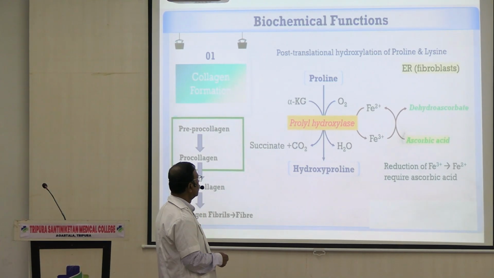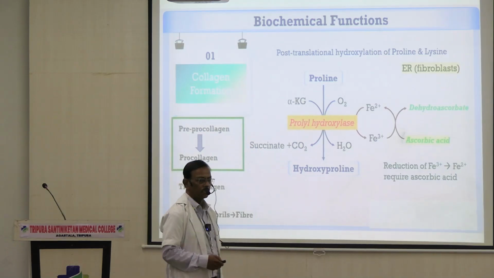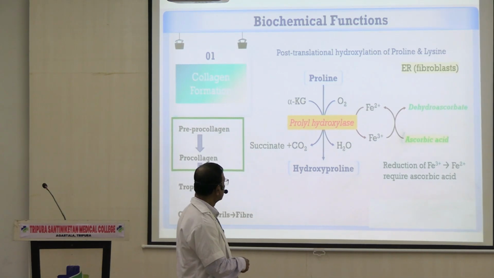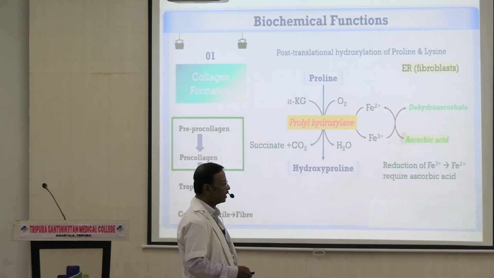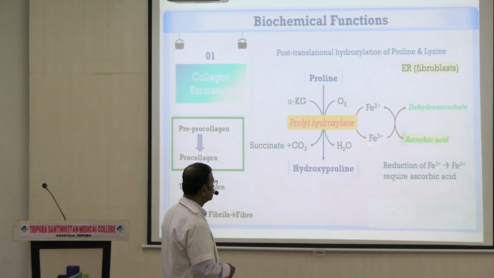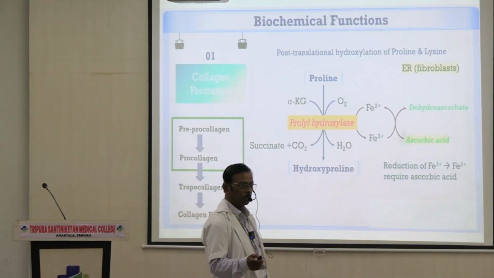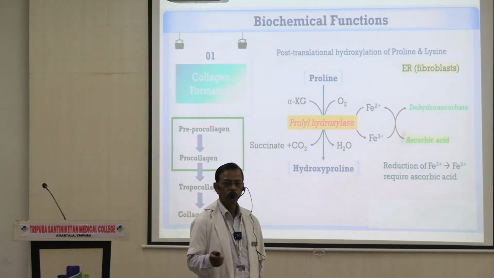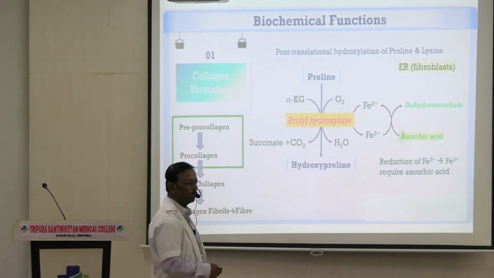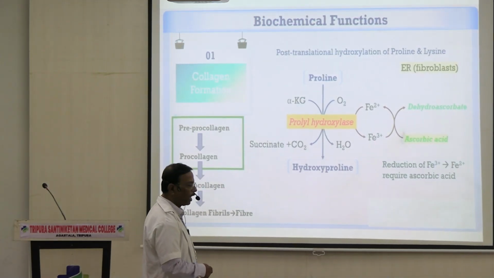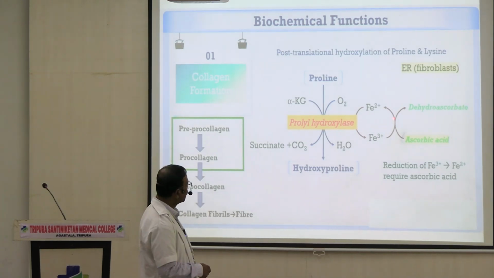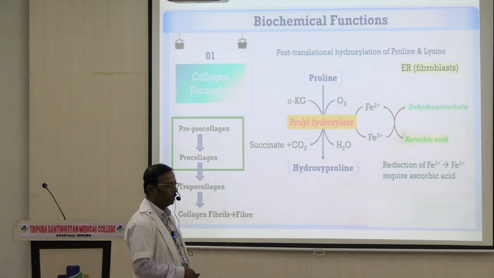This prolyl hydroxylase has iron as metal. During the reaction, this ferrous ion is converted into ferric ion. Now, to take part in the reaction again, ferric ion has to be reduced to ferrous ion. That part is done by the ascorbic acid.